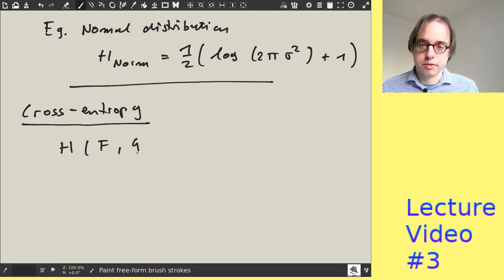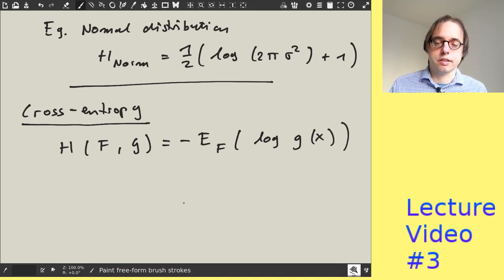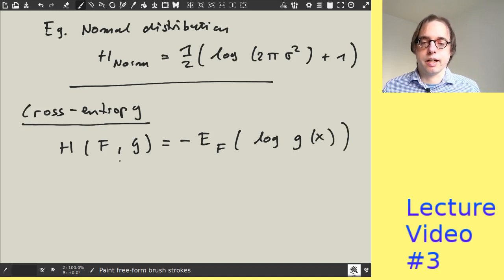So we can define the cross entropy between two distributions, f and g, as minus the expectation with regard to f of the log density of the second distribution g. So that's cross entropy, where f is the distribution that is assumed to be the true distribution, and g is supposed to be some sort of candidate distribution.